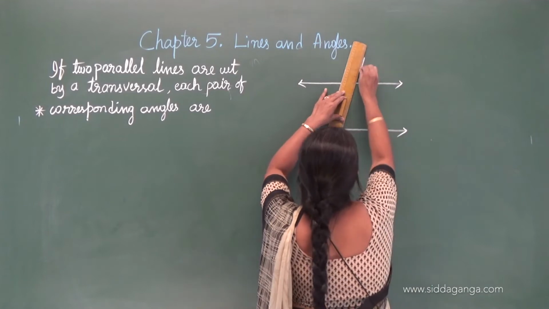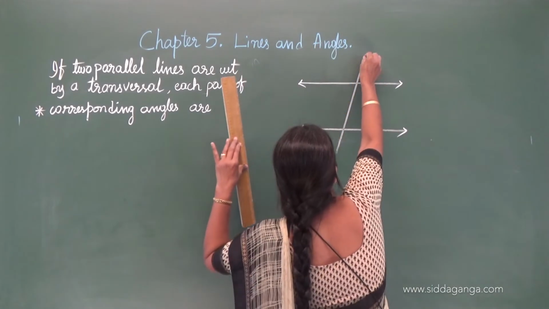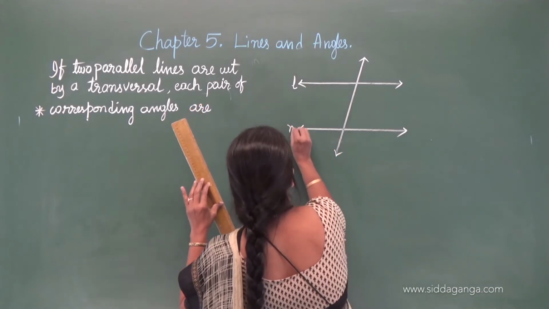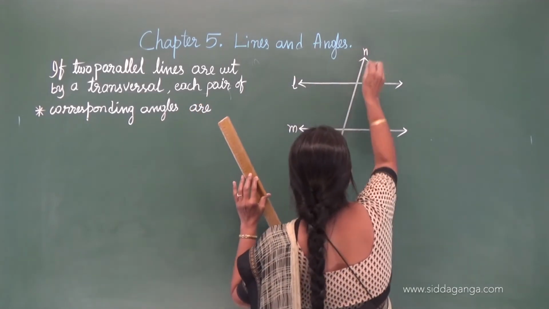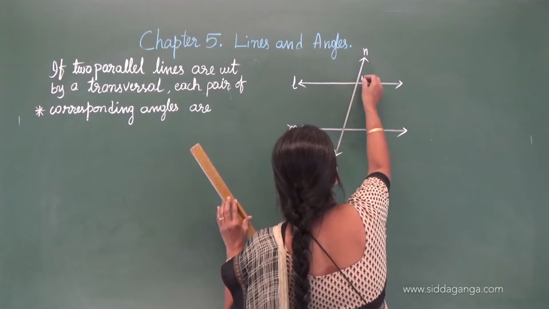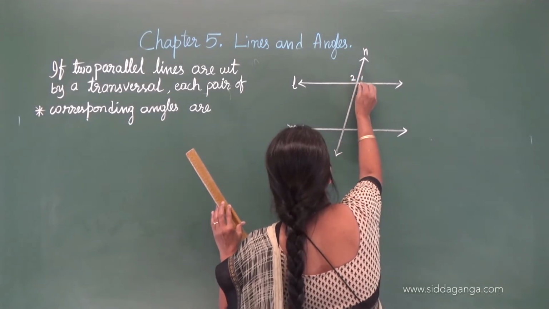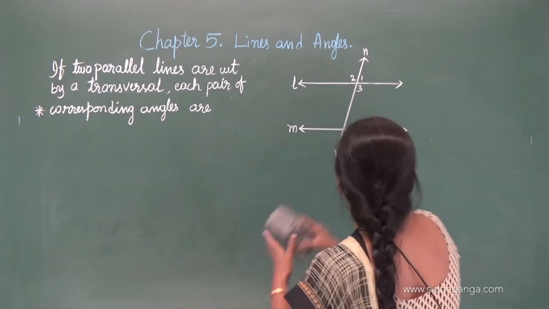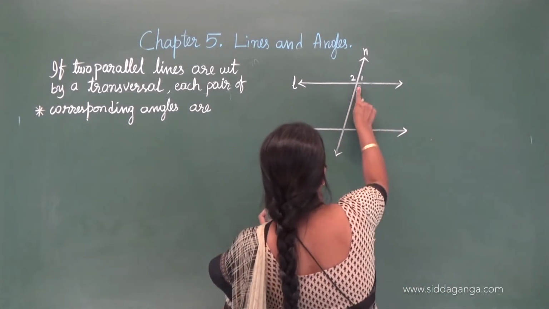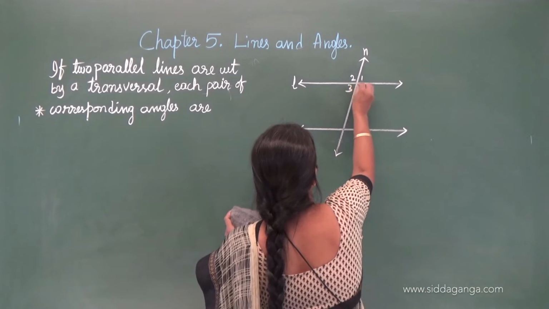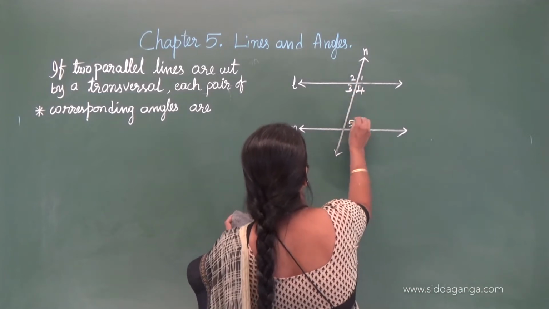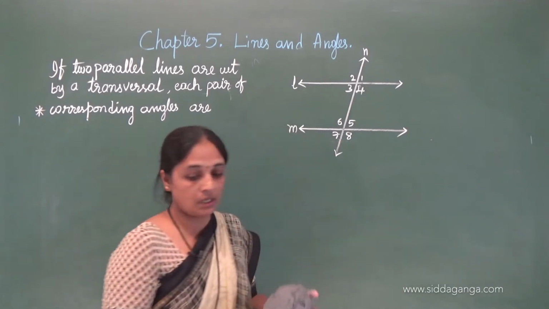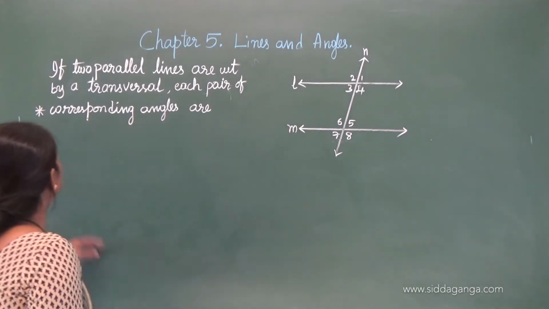So this is the transversal. Consider these as L, M and N. Here 1, 2, 3, 4, 5, 6, 7, 8. So these are the 8 angles.